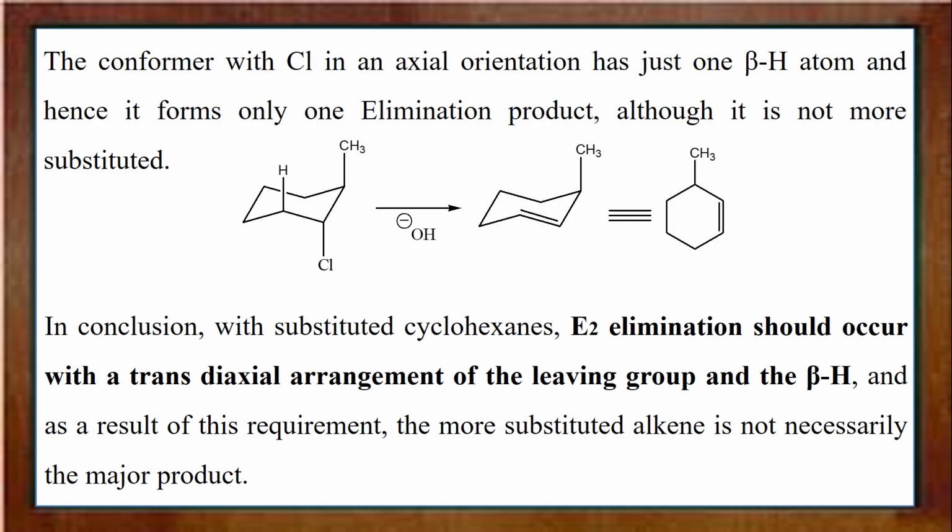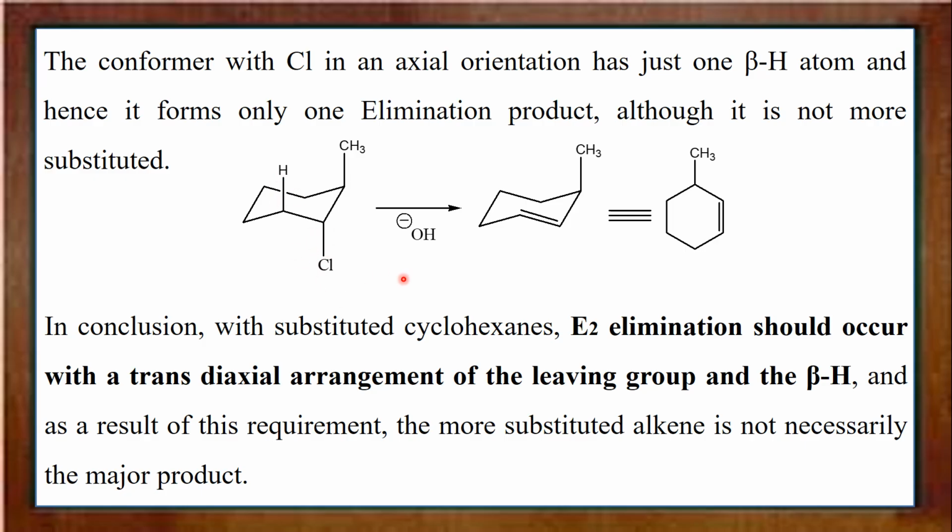Therefore, in trans-1-chloro-2-methyl cyclohexane, elimination is possible only from the axial conformer, and this has only one beta hydrogen available for elimination with chlorine.